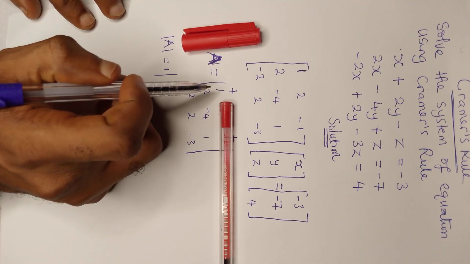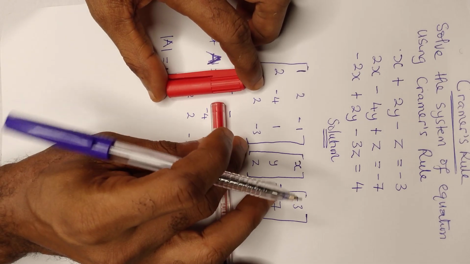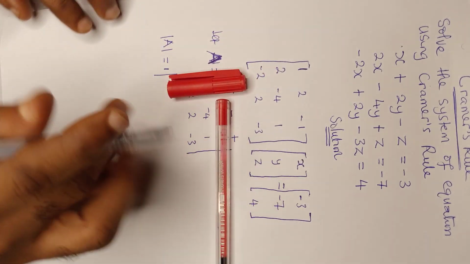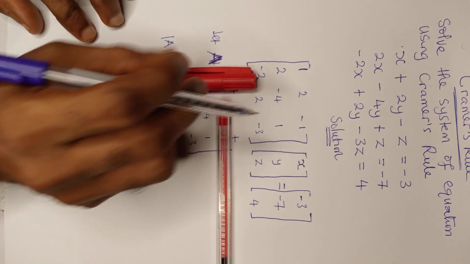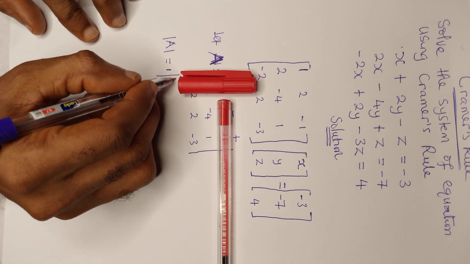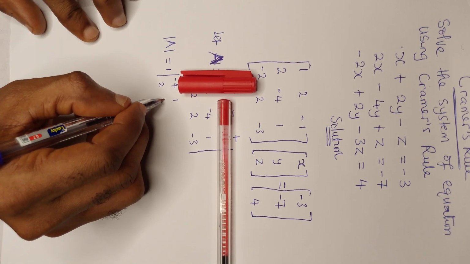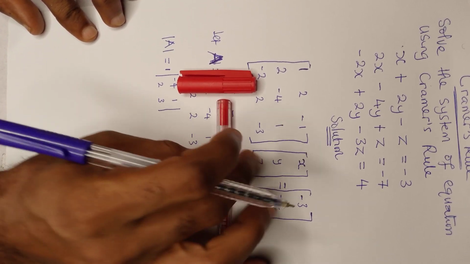Because we are considering 1 now, as the first value, we close this row and this column. So what we are going to have inside will be minus 4, 2, 1, minus 3. We are done with the first one.